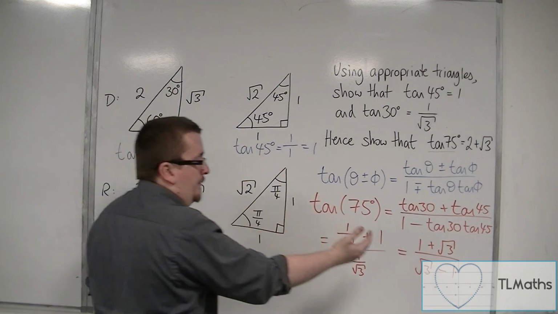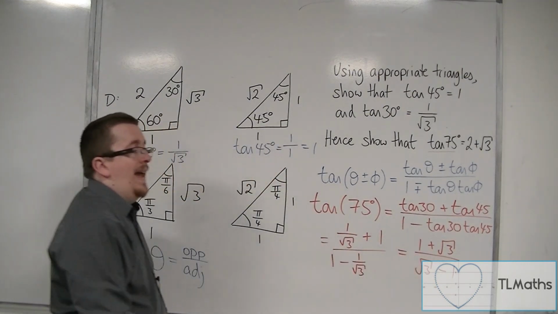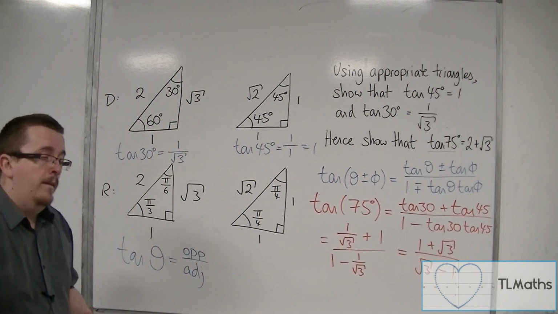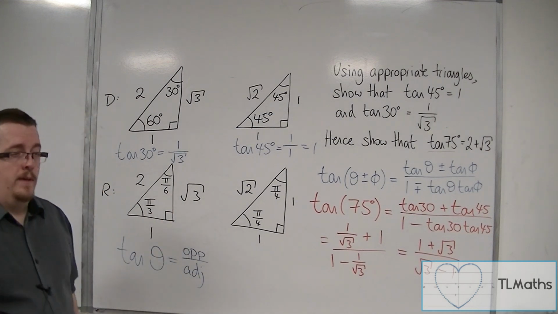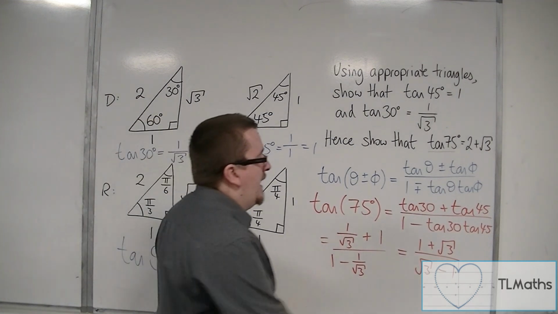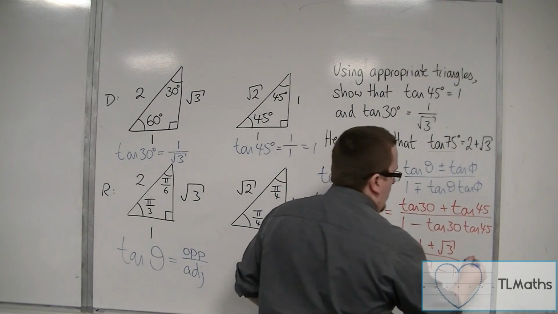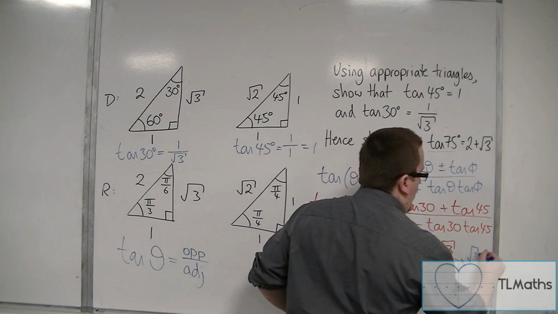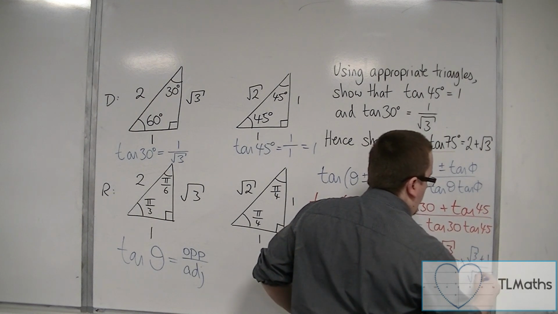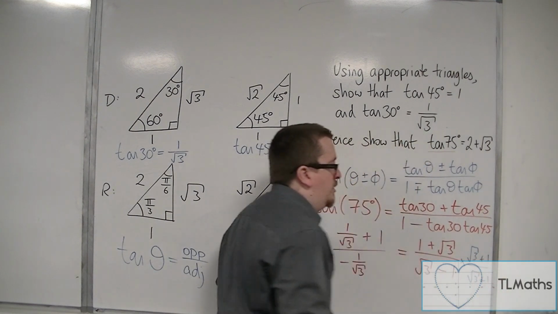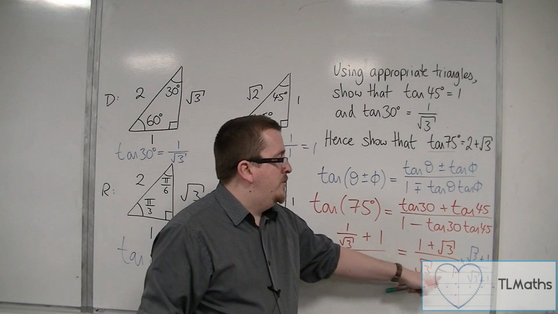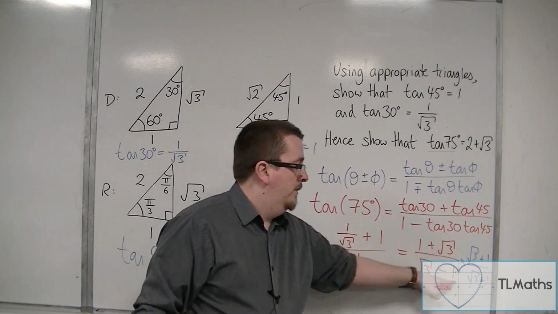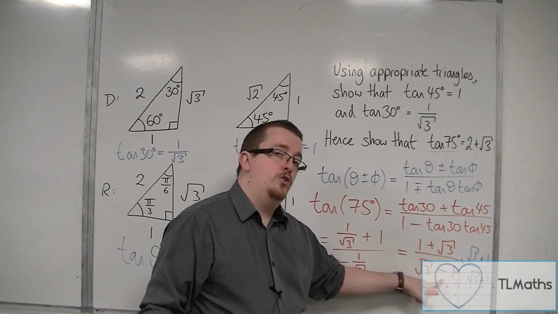I now have what appears to be a core 1 surds problem, because now I can rationalise the denominator by multiplying top and bottom by root 3 plus 1. Remember, from core 1, you multiply numerator and denominator by this, but with the sign in the middle changed.